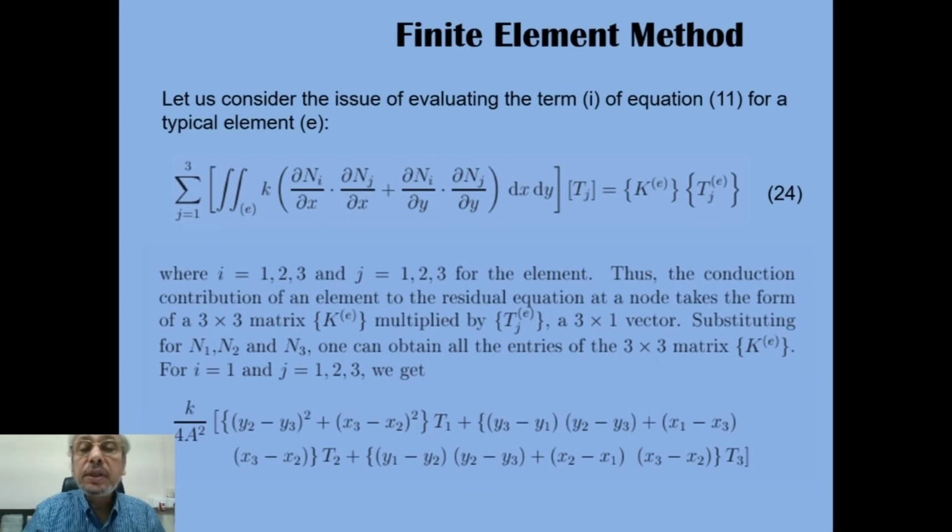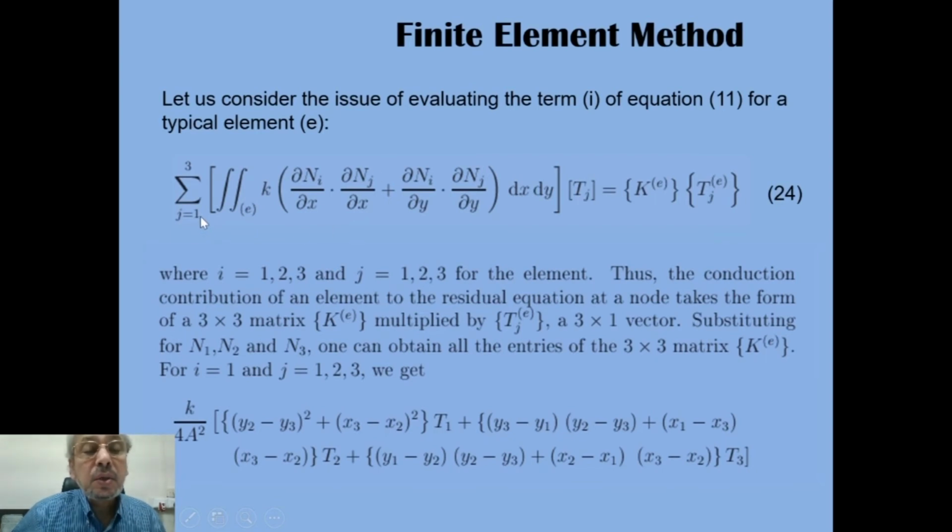So now we are focused on an individual element, any given element, and there we have to find out this integration, which was the first term of equation 11, that is the area integral of k times (del Ni del x dot del Nj del x plus del Ni del y into del Nj del y). This is integrated over the element.